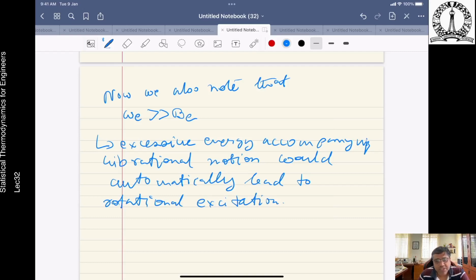If we now employ a spectrometer with a very high resolution, we see not one single line, but a multitude of lines when we are doing the spectroscopy.